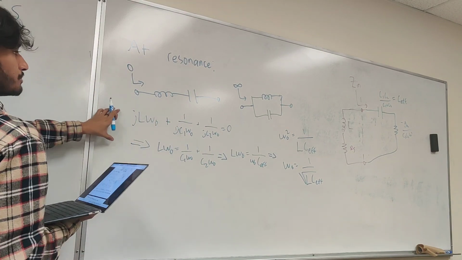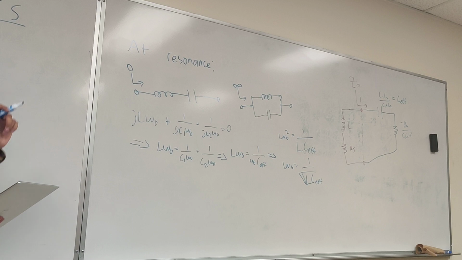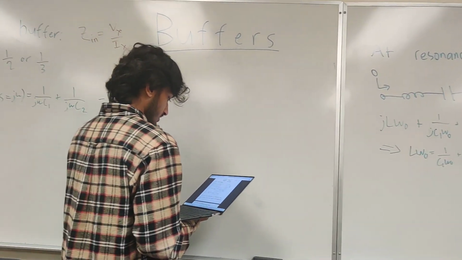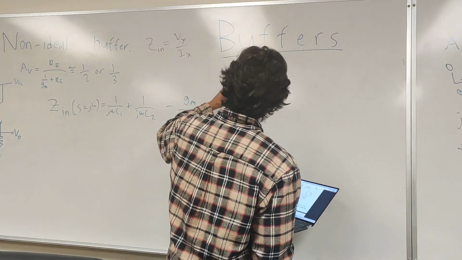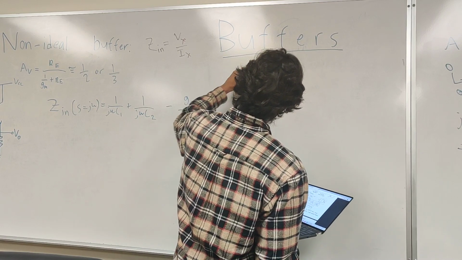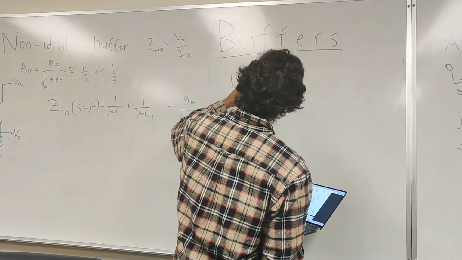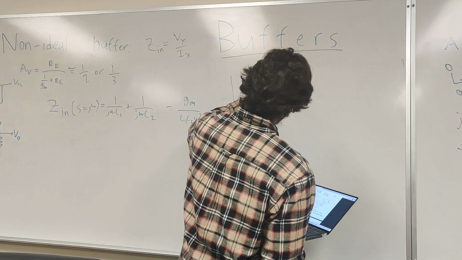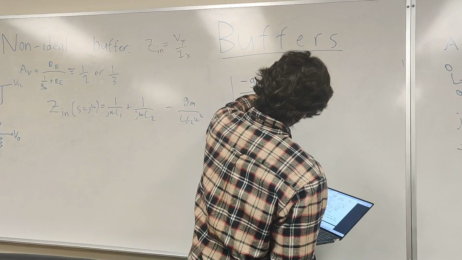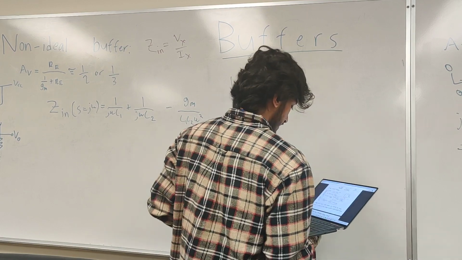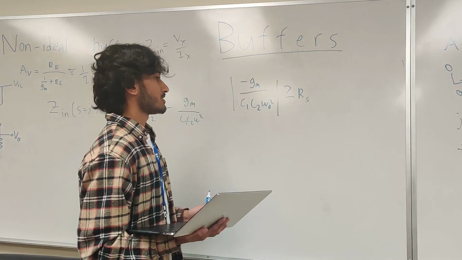So that was the imaginary part, right? At resonance, what happens to the resistance, the real part? We'll get something that looks like this. A few things here.